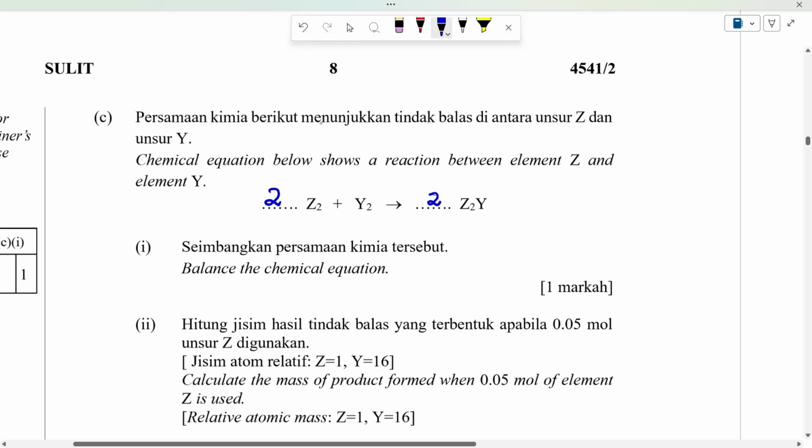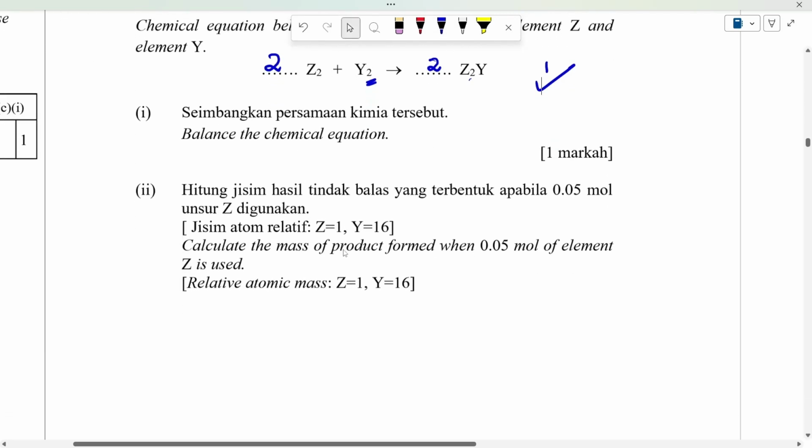Y needs to be 2 because here we have Y2, right? If you put 1, Y is only 1, so you need to times 2. But when you times 2, Z becomes 4. So this one is 2 only, so also need to times 2. So this one is 1 mark.